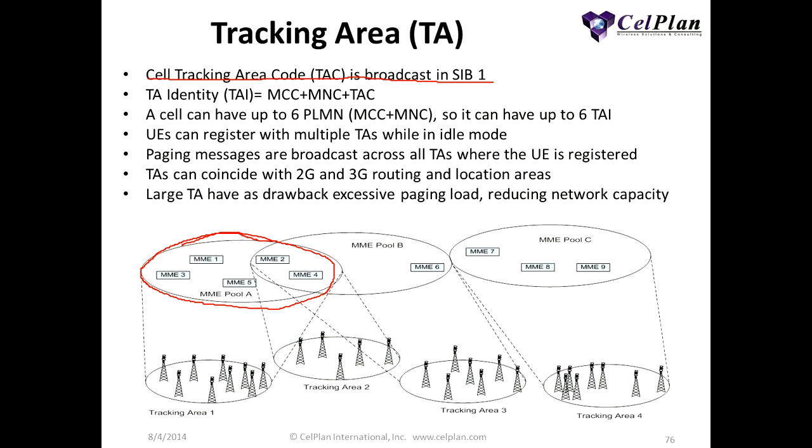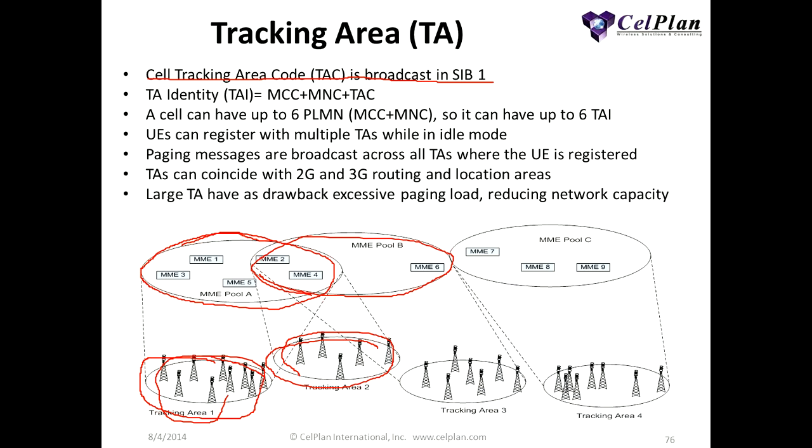In a large network you have many MMEs. Those MMEs speak between themselves and they form a pool. And this pool will control one or more tracking areas. Basically, tracking areas are the areas where the paging will be done.